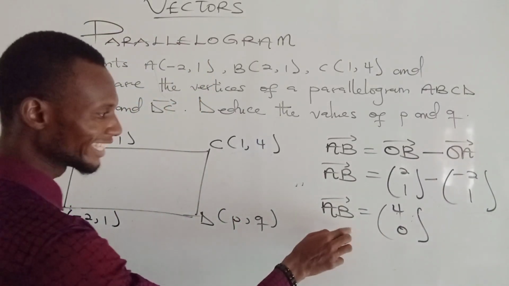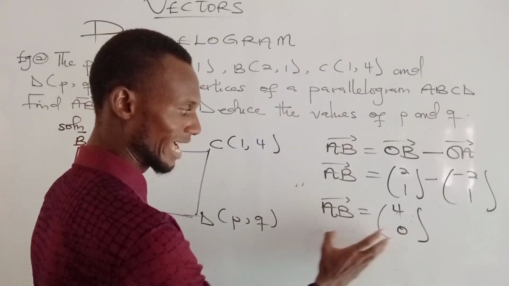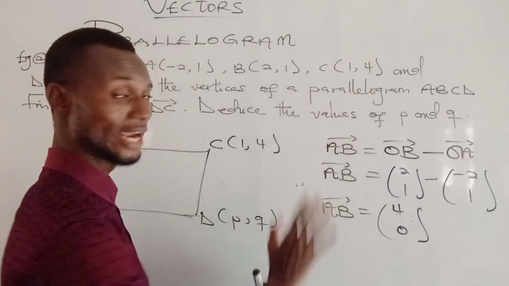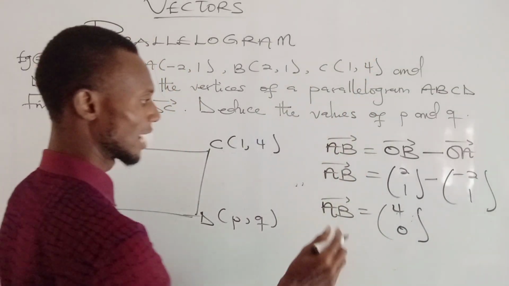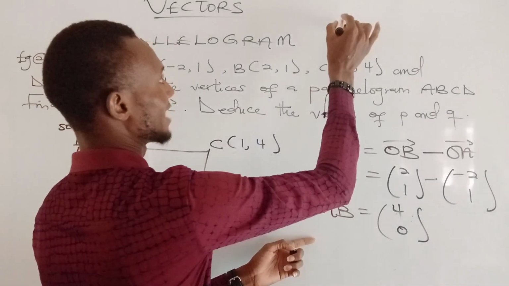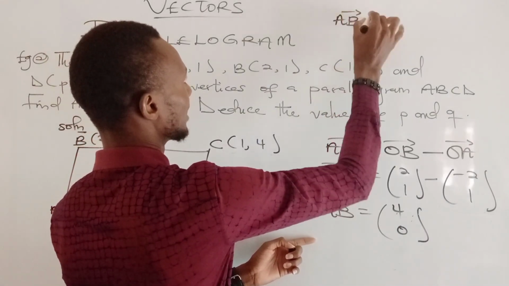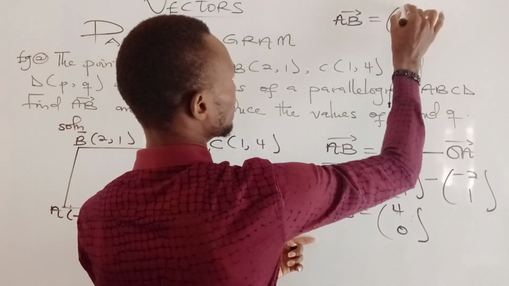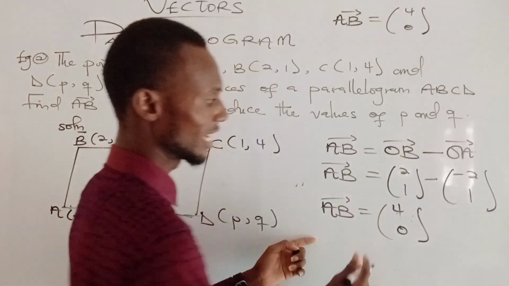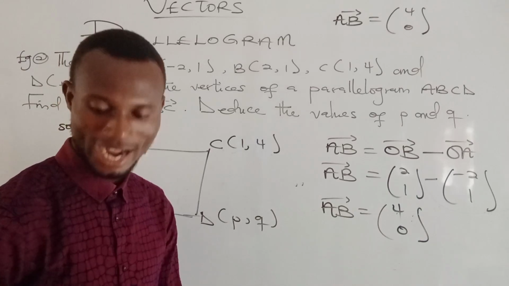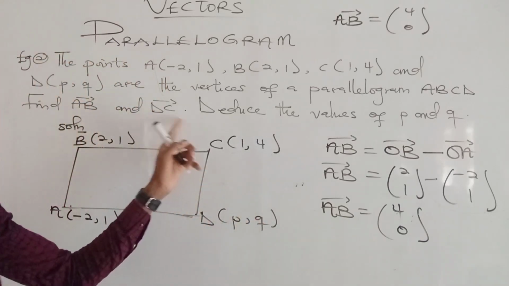Let me write the answer for vector AB somewhere down so that we can make reference to it. So we have that the vector AB equals 4, 0.